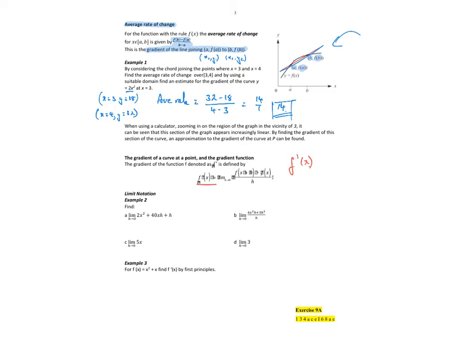At this point in time, we refer to it as the gradient at the point, and that's equal to the limit as h approaches 0 of f of x plus h minus f of x over h. Now, if you remember from last year, I couldn't emphasize it enough, that's really just y2 minus y1 over the difference in the x values, which we term our step size h. So that first principles formula is just a form of my gradient rule.